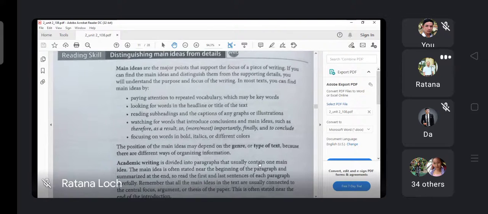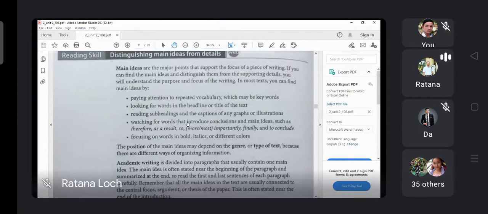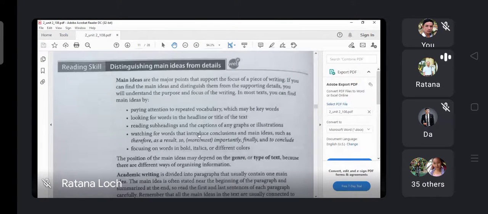In this case, maybe about advice, advertisements, or announcements, they might put in different colors in order for the reader to remember or understand easily. So these are the techniques.